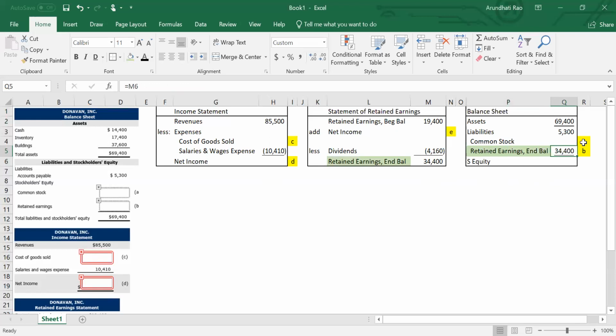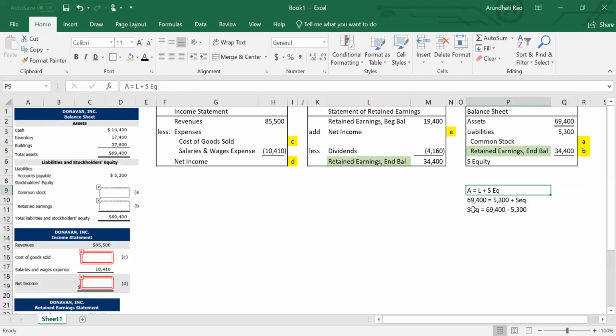So before I could get A, I got B over here. Then I also know that total assets equals total liability plus total stockholders' equity. I know assets and I know liabilities, so I'm going to work this out as a formula and show you how I would do this over here. Total assets equals total liabilities plus stockholders' equity.